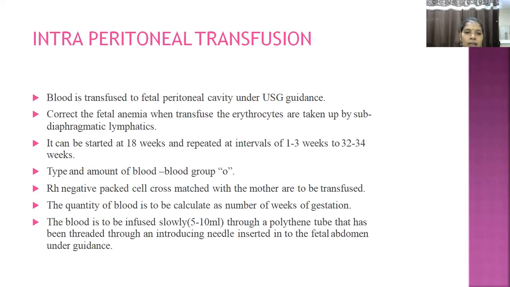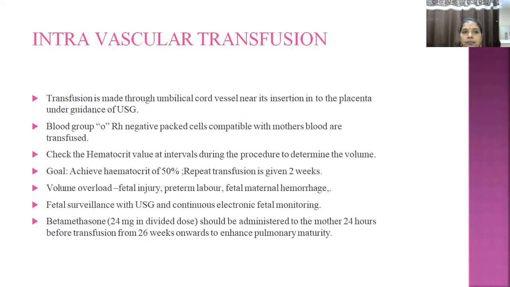Type and amount of blood: O negative, Rh negative packed cells cross-matched with mother are to be transfused. The quantity of blood is calculated by the number of weeks of gestation. The blood is to be infused slowly, 5 to 10 ml, through a polythene tube that has been threaded through an introducing needle inserted into the fetal abdomen under guidance.